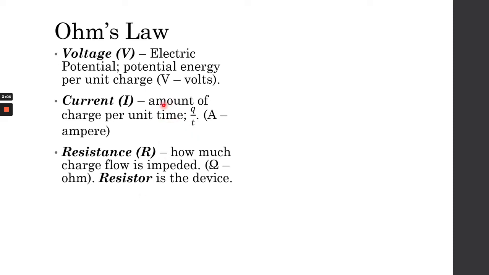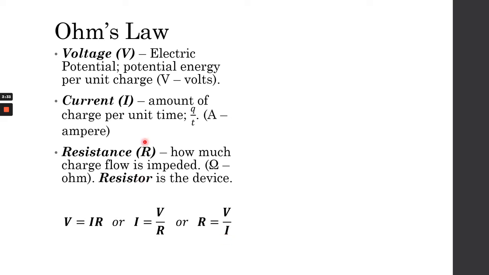So by Ohm's law, we know that the relationship between these three is that the voltage is equals to the current multiplied by resistance. Simply rearranging the equation, we get that the current is equals to voltage divided by the resistance, or that resistance is equals to voltage divided by the current.